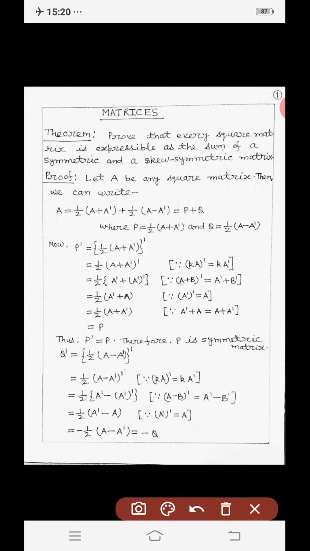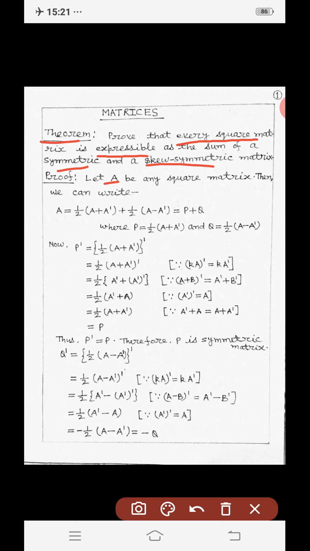Now we will discuss a theorem. Prove that every square matrix is expressible as the sum of a symmetric and a skew symmetric matrix. Let A be any square matrix.